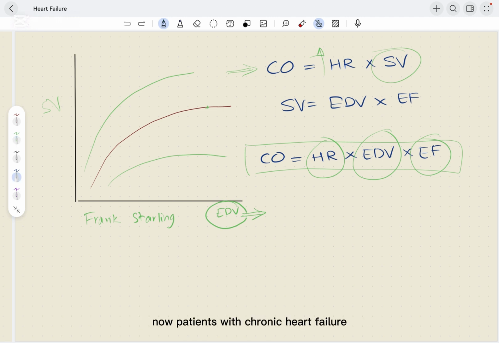Now, patients with chronic heart failure tend to have their Frank-Starling curve somewhere close to this because of chronically impaired diastolic function. All major classes of acute heart failure therapies work by targeting this curve. What they are aiming to do is basically either move this curve left and up.